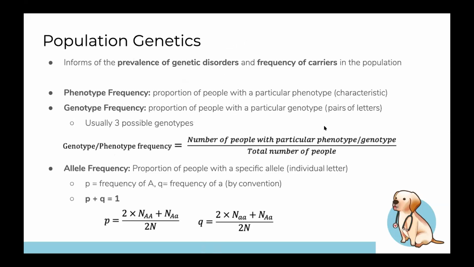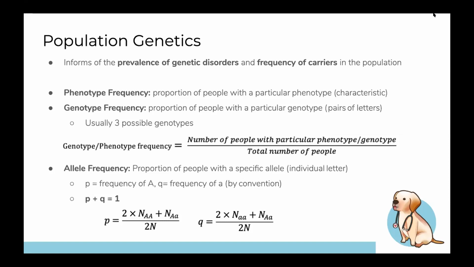So this is quite an important slide. Population genetics basically tells us about the prevalence of genetic disorders and also the frequency of carriers in a certain population. So it can also tell us a bit about your likelihood of inheriting a certain kind of disease as well. So phenotype frequency and genotype frequency, it's pretty straightforward.